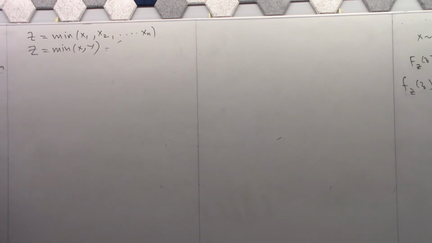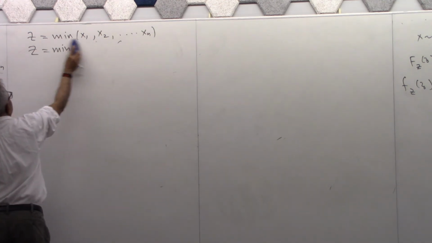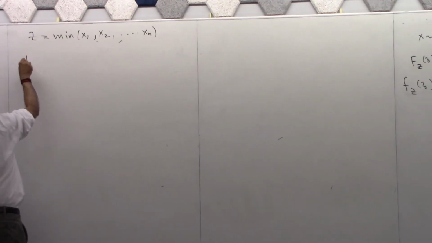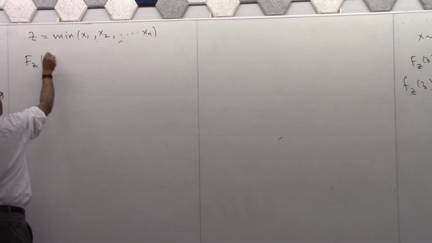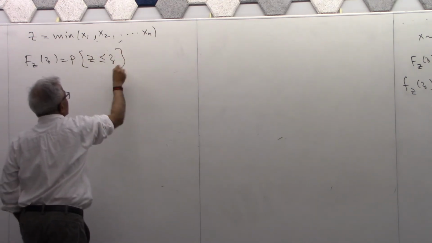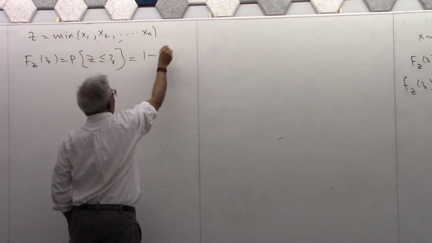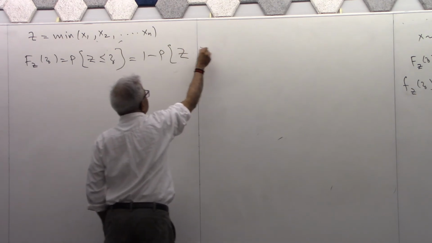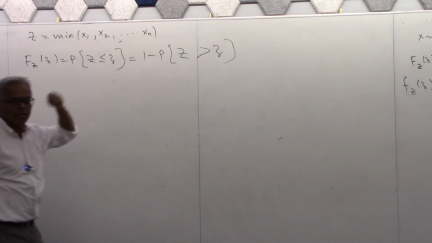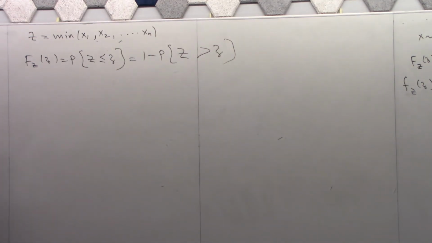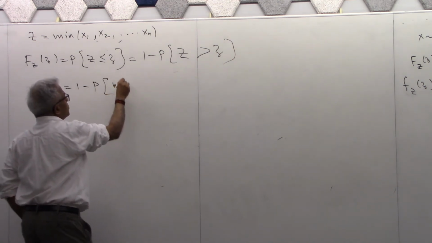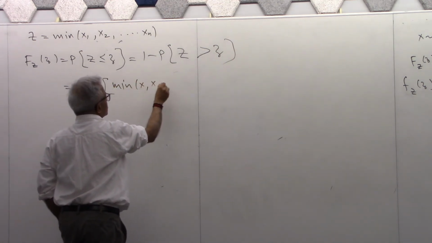Z is the minimum of X1, X2, etc. Let's solve this problem. So F_Z of z is the probability of Z less than or equal to z. But this is the same as 1 minus the probability of Z greater than z. That's certainly true because this has to be 1. So this is 1 minus the probability of the minimum of X1, X2, etc. greater than z.